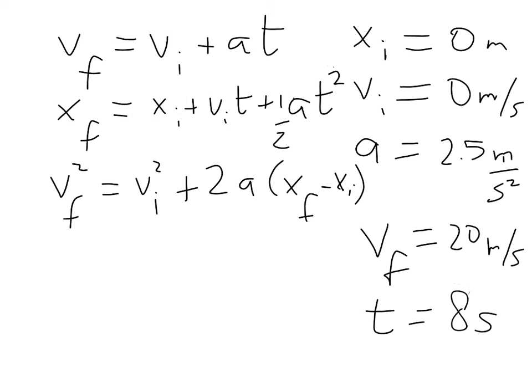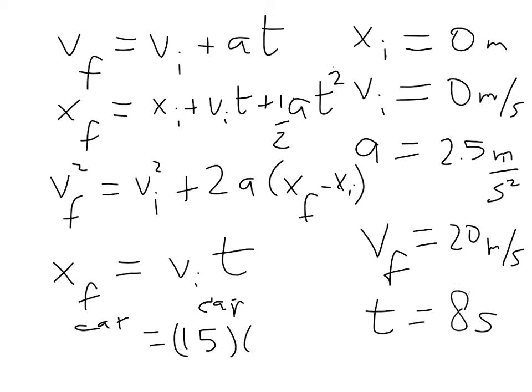X initial is 0, and so for the car, we simply have x final car is equal to v initial car times t, which is 15 times 8, and we see that this evaluates to 120 meters. Since the position of the officer is at 80 meters, the distance from the officer to the car is 40 meters.